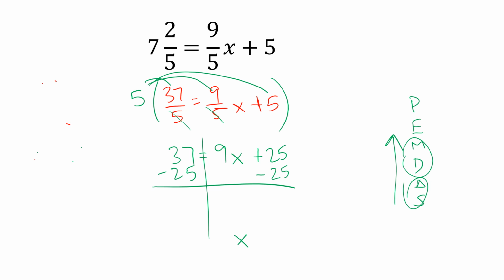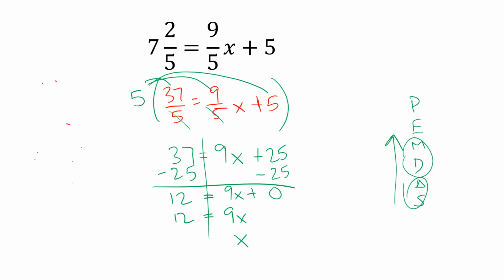So I'm attacking this addition of 25 by subtracting. Reverse PEMDAS, SADMEP. And so this is going to be 0, which is what I'm trying to do. 9x, okay. 37 minus 25, that looks like it's 12. So you have 9x equals 12.